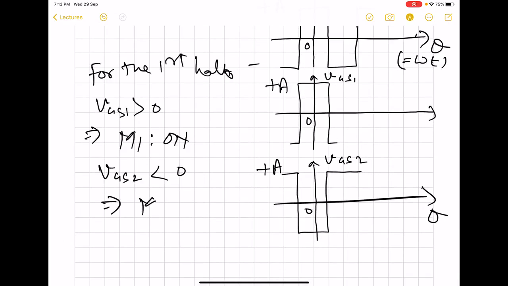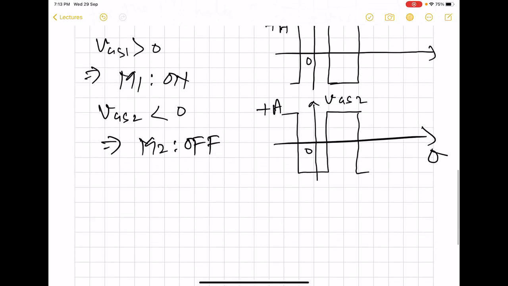That implies that M2 is going to be off. And this scenario will keep on changing. So in the second half, M1 will become off and M2 is going to be on. But here we have this as on and this as off. So this will keep on changing.